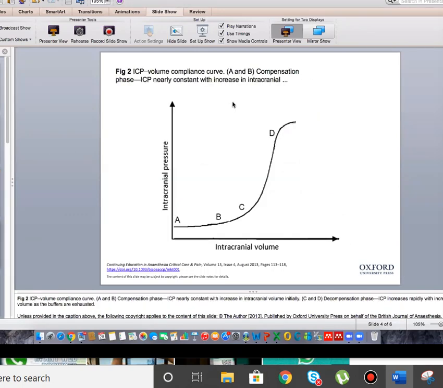So the next graph is the relationship between intracranial volume and intracranial pressure. Chamatka, can you describe?